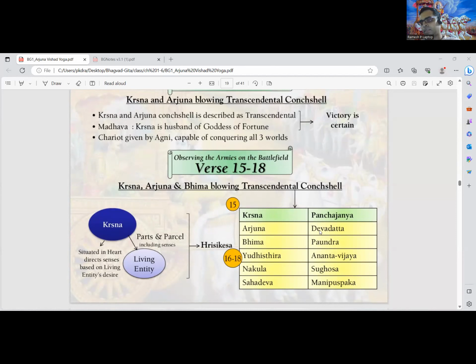So the moment the conch shells were blown from the Pandavas side, the Kauravas felt the heat, or say they got disappointed.